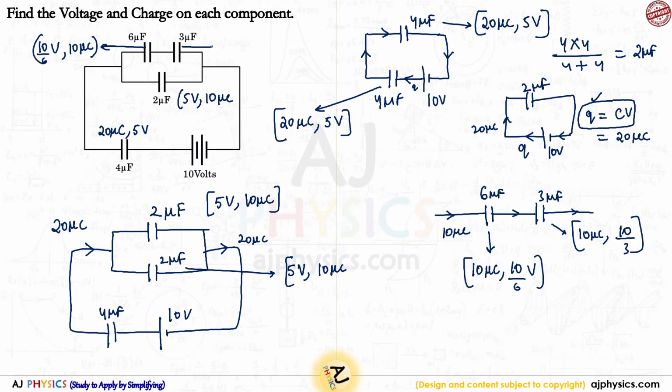If you pick this one, it would be 10 by 3 volts, and the charge passing here is again 10 microcoulombs. So now that's the circuit. We're done. Okay, let's head towards the next one. It could be a bit lengthy.